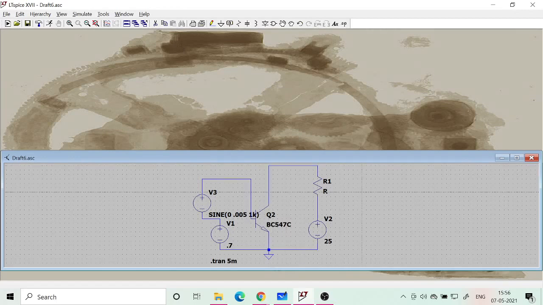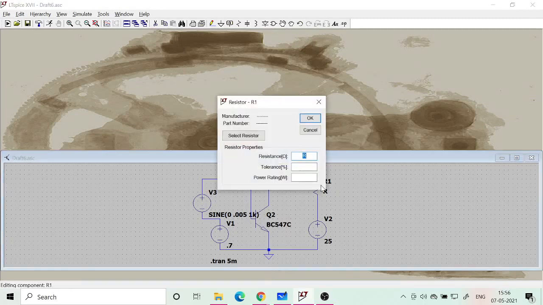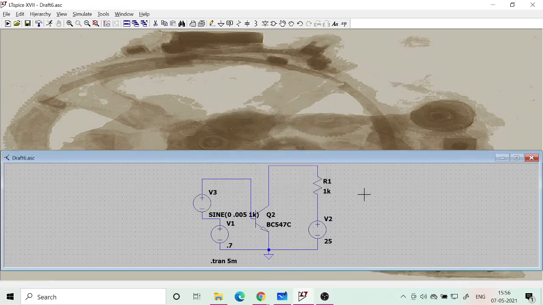Okay, so I put a resistor. Now I assign some value, let's say 1 kilo. Let me see what happens.